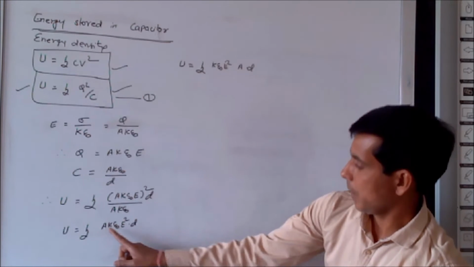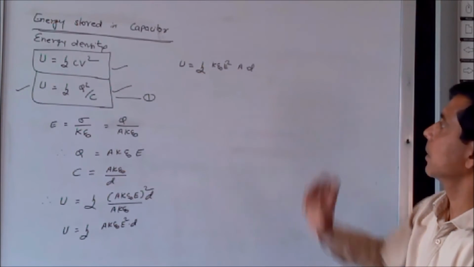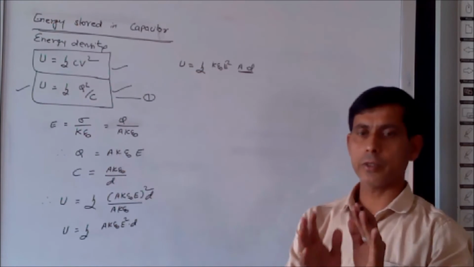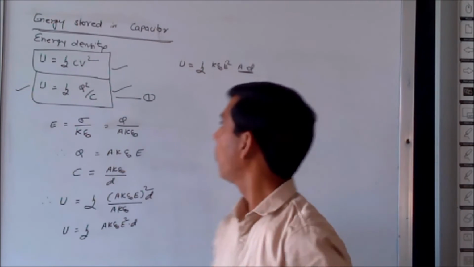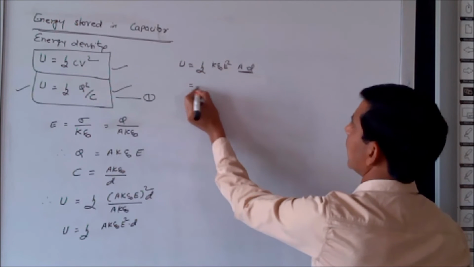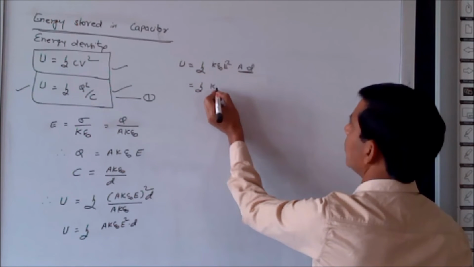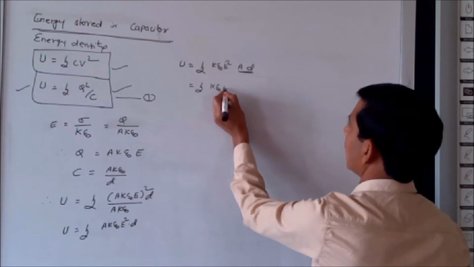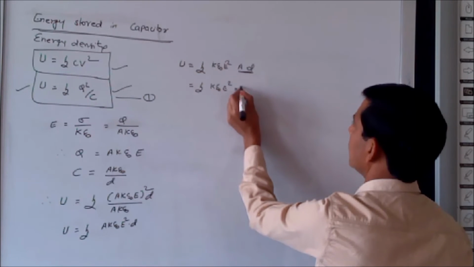This a and d taken together, and we know that area into distance is equal to volume. Thus, in the next step, 1 by 2 k epsilon naught e squared into volume.